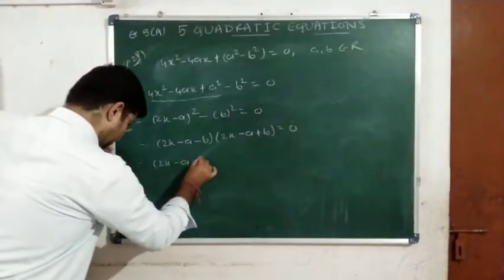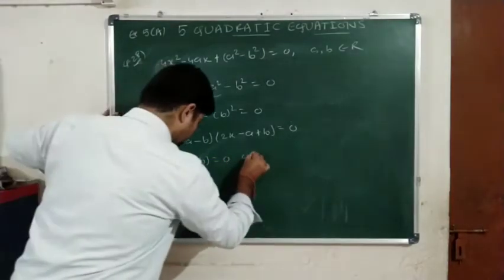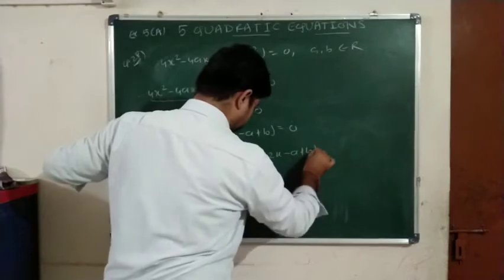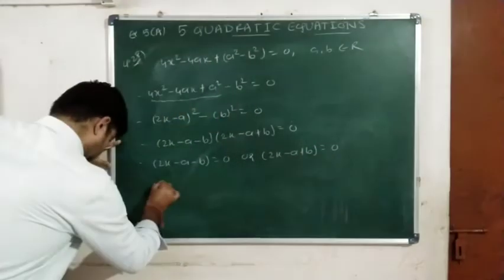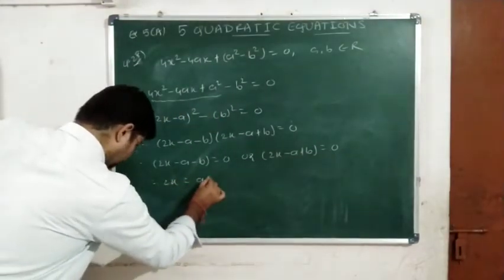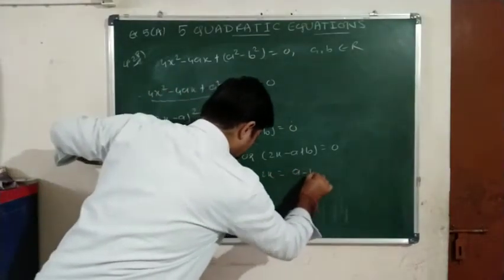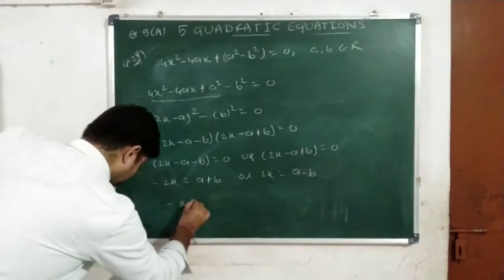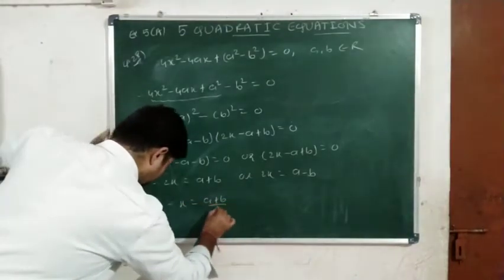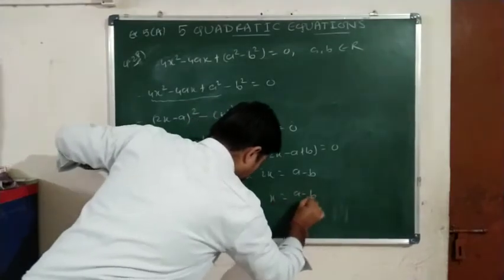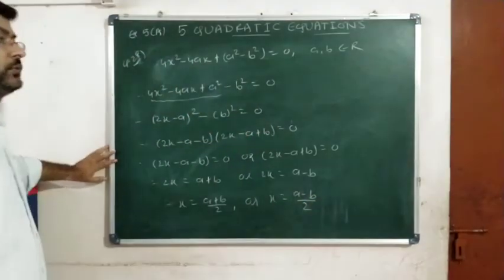Therefore 2x minus a minus b is equal to 0, or 2x minus a plus b is equal to 0. Therefore 2x is equal to a plus b, or 2x is equal to a minus b, and therefore x is equal to a plus b upon 2, or x is equal to a minus b upon 2.